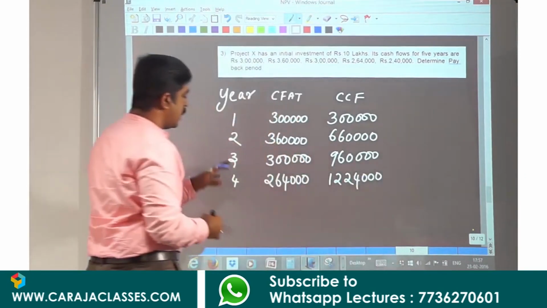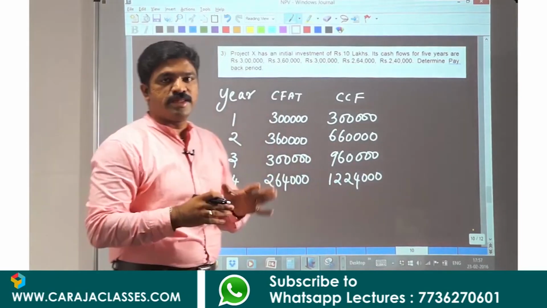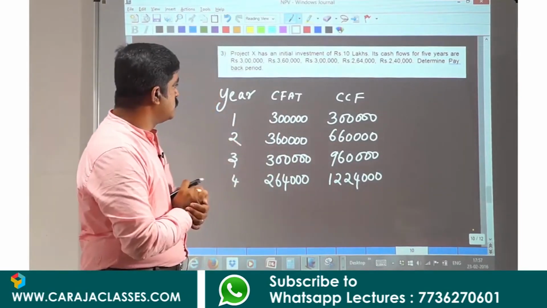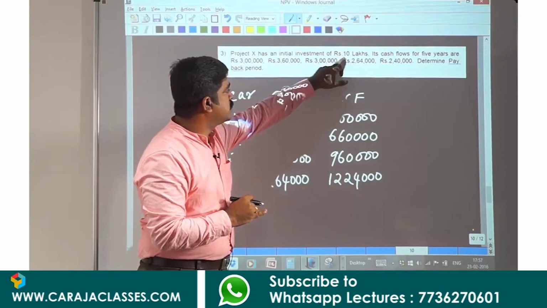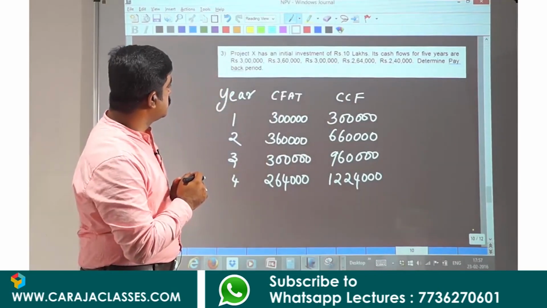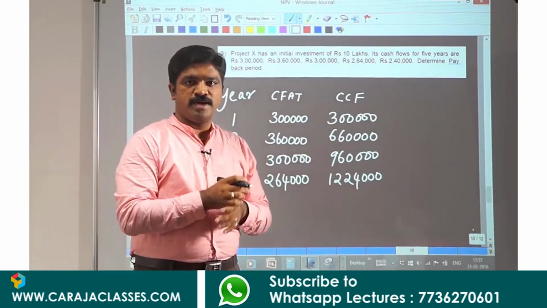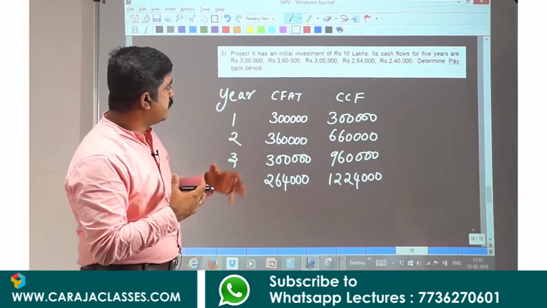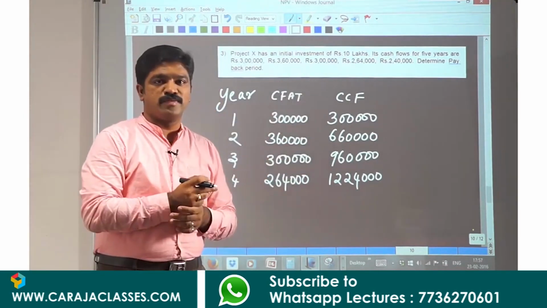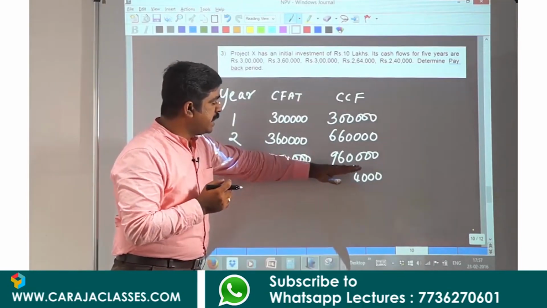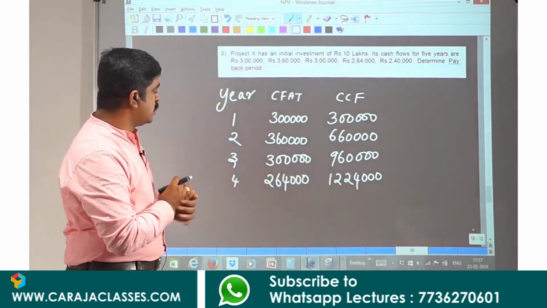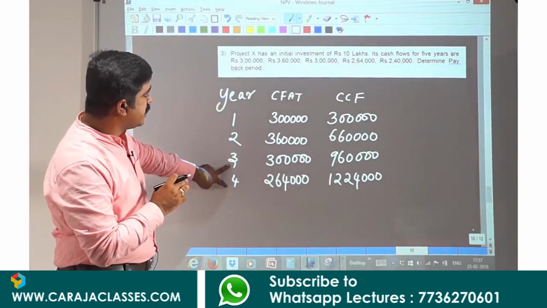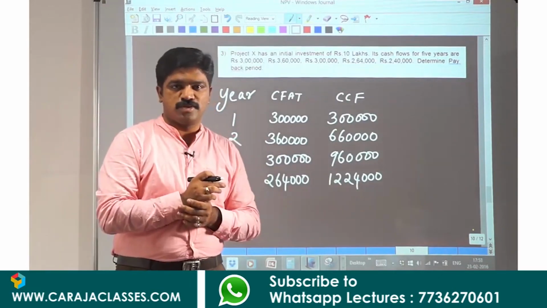So now I need not go for the 5th year calculation. Why? Because my initial investment is 10 lakh and I'm concerned about the payback period. Payback period is nothing but the time taken for my cash flows to recover my investment. Up to year 3 I have recovered 9,60,000. So I understand that between year 3 and 4 the remaining 40,000 is also recovered.